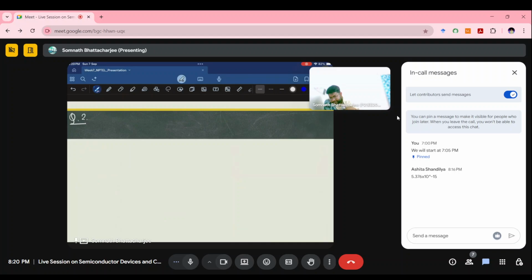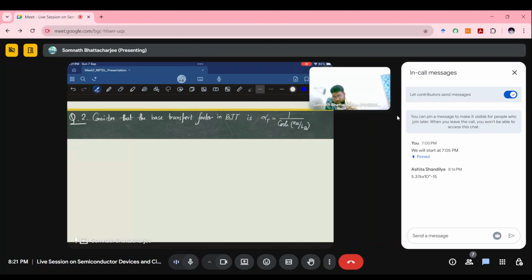Q2. Now, in this case, consider that the base transport factor in a BJT is alpha T equals 1 by cosh of XB by LB, not LV, LB.